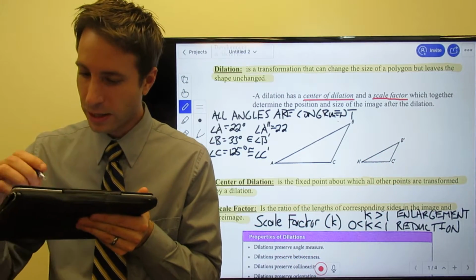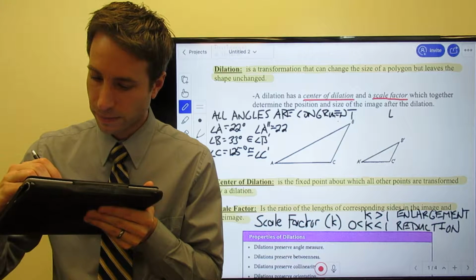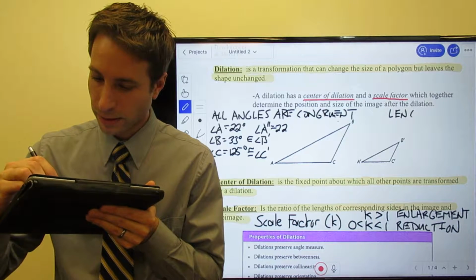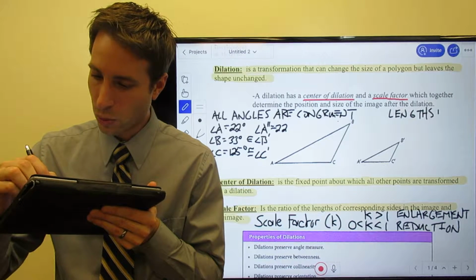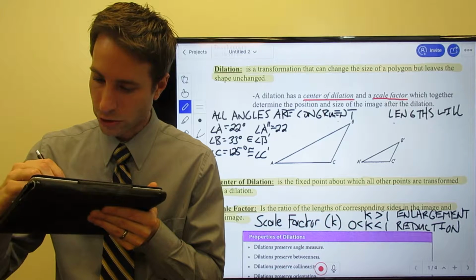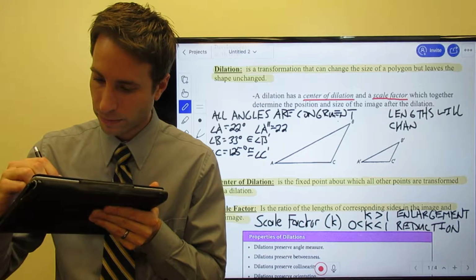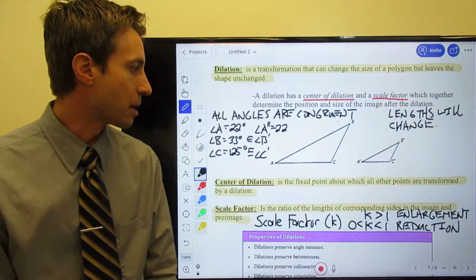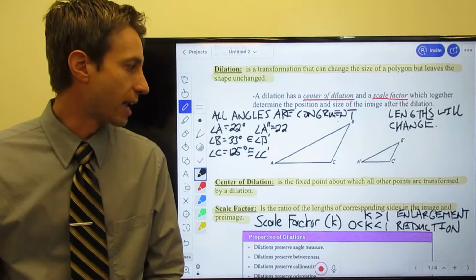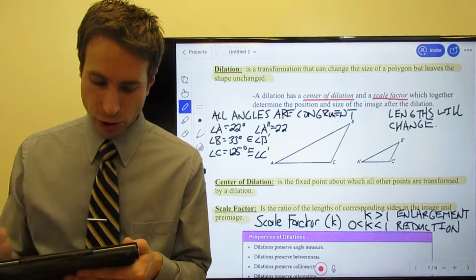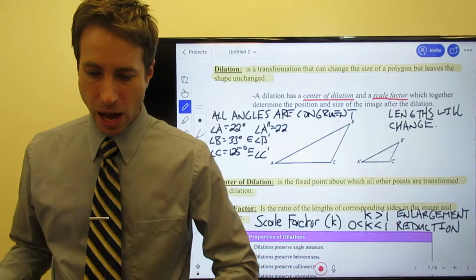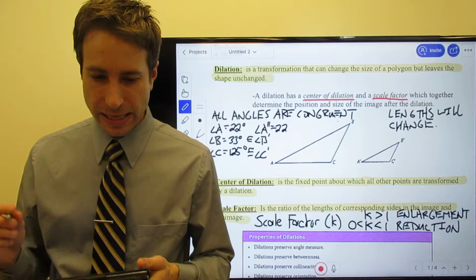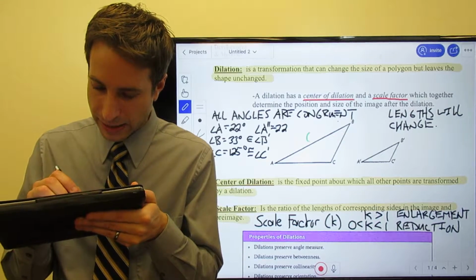So, lengths will change. Here we go. Let's talk a little bit about this. First, in my triangle, AB. So in this triangle right here, my larger triangle, I have AB is 6.